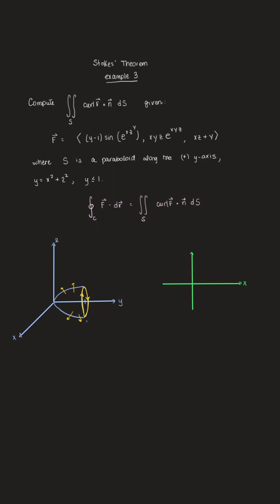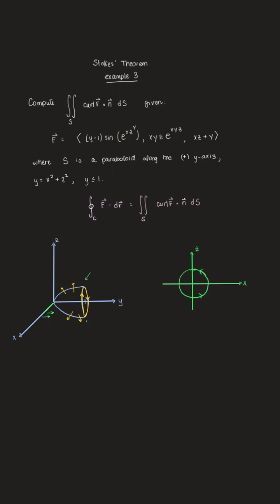The cross-section will be a circle, or the shadow of this curve on the XZ plane will be a circle. And the way that it's oriented, if we face this direction, we see that our circle will be oriented in the counterclockwise direction on the XZ plane.